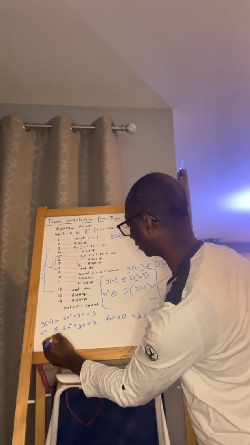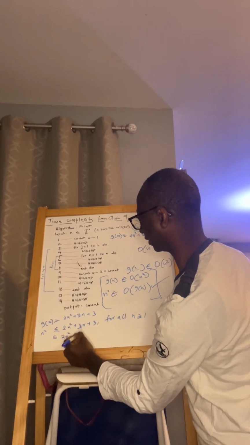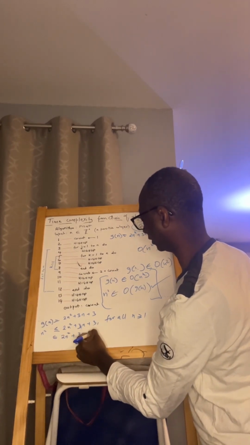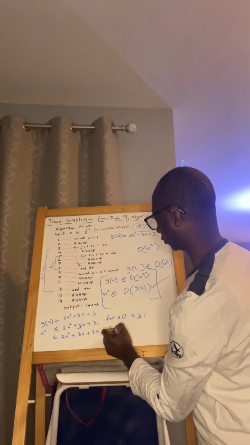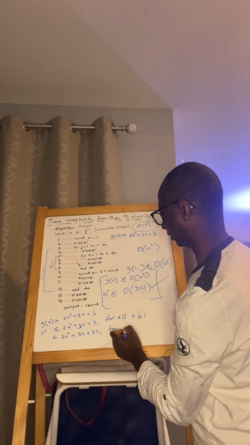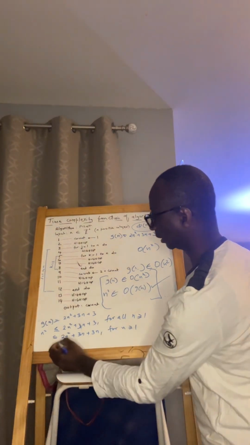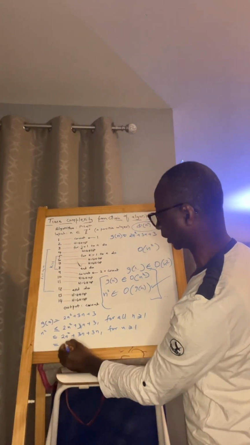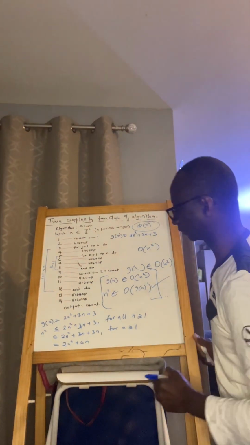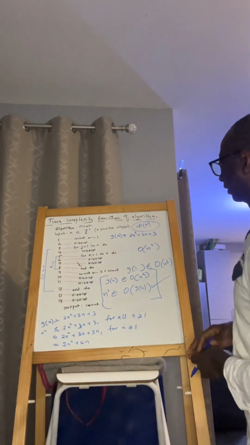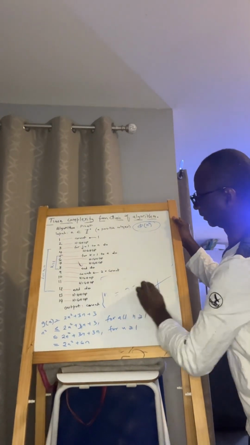So we now have, this is less than or equal to 2n squared plus 3n plus 3n for all n greater than or equal to 1. So this will now be 2n squared plus 6n, since 3n plus 3n is 6n. We are doing a proof. Yes, these are mathematical proofs.